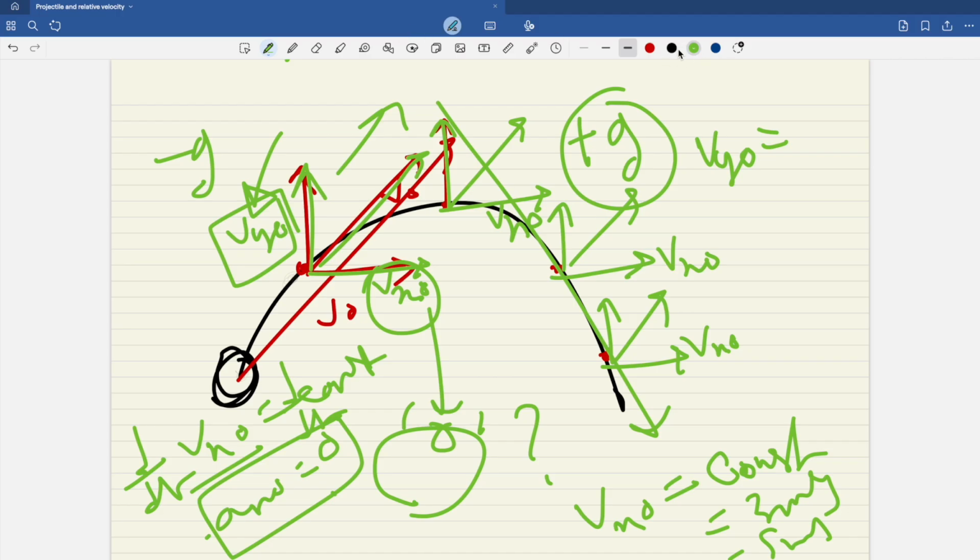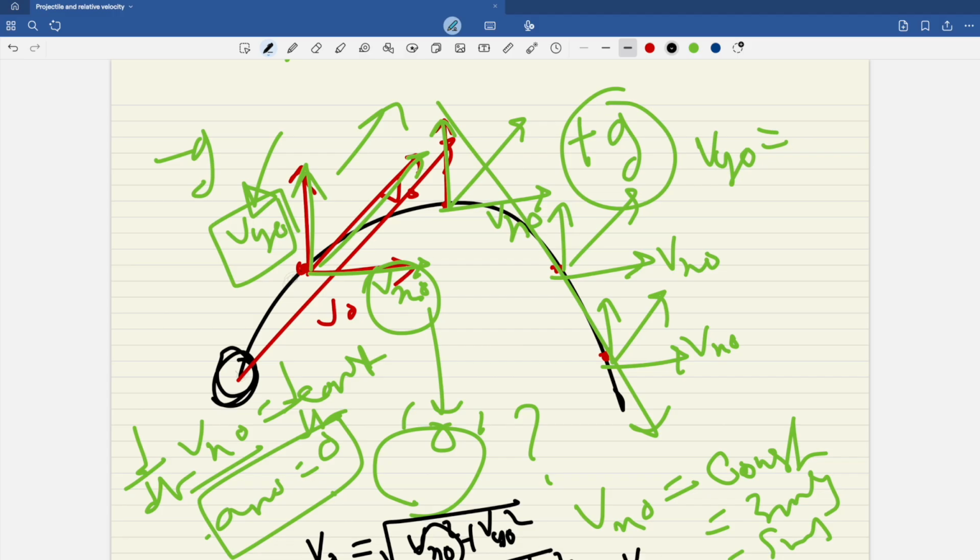Then if V naught is the square root of Vx naught squared plus Vy naught squared, and Vx naught turns out to be 0, then what remains is Vy naught squared, and it's equated to Vy naught.